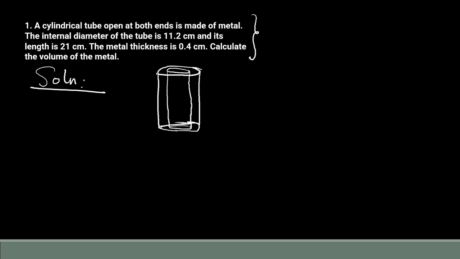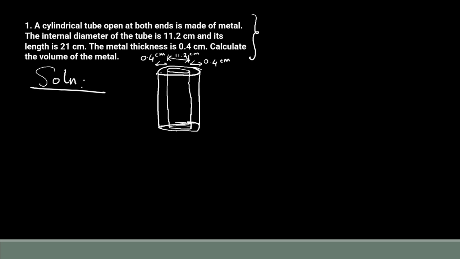Here it said the internal diameter of the tube is 11.2 centimeter, so this is 11.2 centimeter. The metal thickness, like this thickness, is said to be 0.4 centimeter, and on both the sides the thickness is 0.4 centimeter. So calculate the volume of the metal.